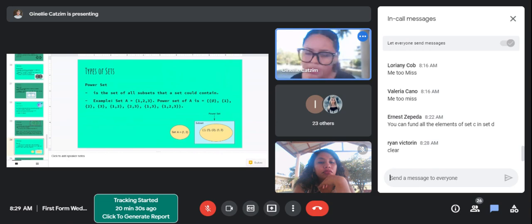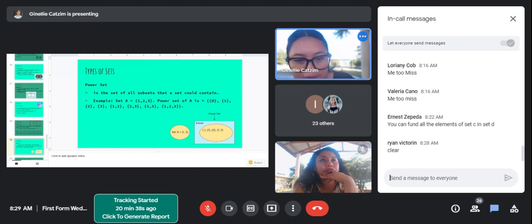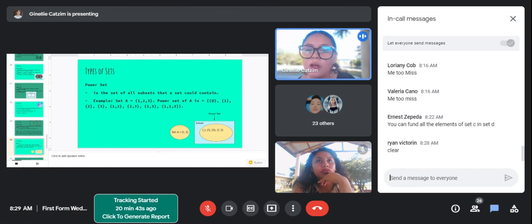Now, the power set. The power set is the set of all subsets that a set could contain, right? For example, we have set A equals 1, 2, 3. The power set of A equals, we have an, can someone tell me what this first one is?